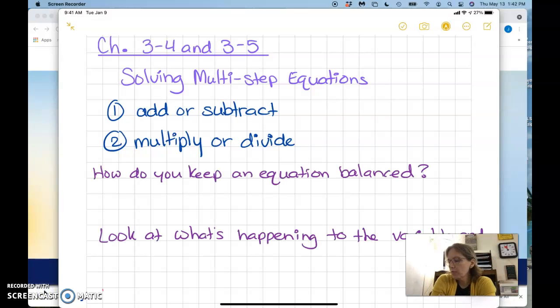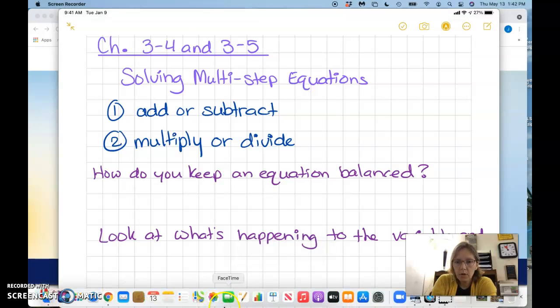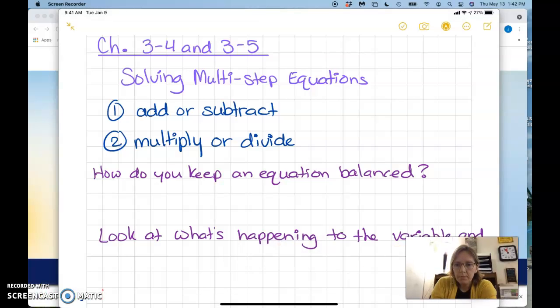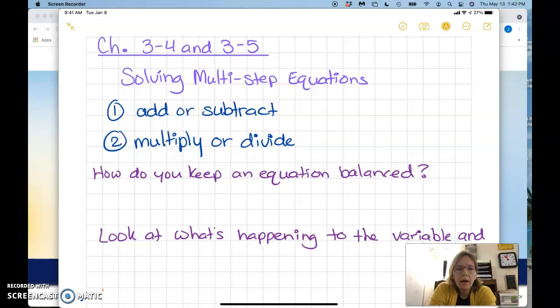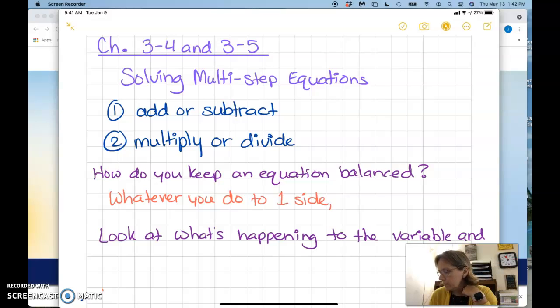Okay, so here's some more facts that you're going to want to know for the exam. How do you keep an equation balanced? Whatever you do to one side, and when I say one side, I mean one side of the equal sign, you have to do to the other.